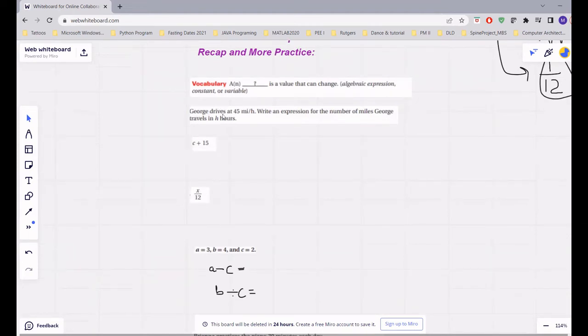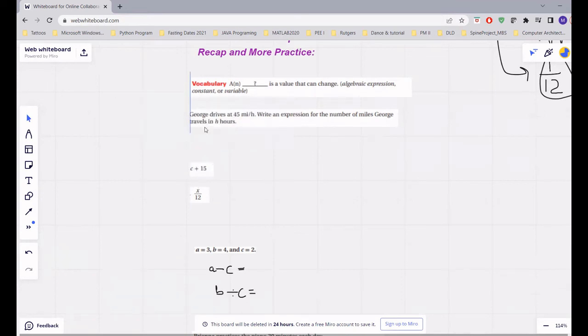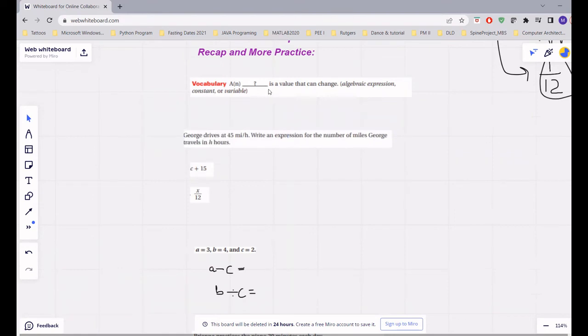So let's test our vocabulary. A blank is a value that can change. Could it be an algebraic expression, a constant, or a variable?